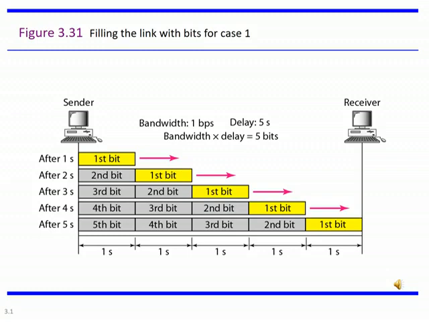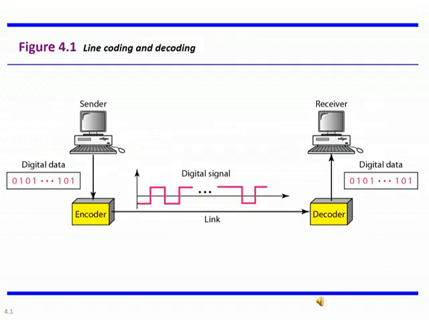Now, with line coding and decoding, in this case the sender is sending the digital data 011001. Those data are coded to a digital signal, so we have to use the encoder. After this encoder, you can see the 1001 signals in the electrical waveform. The digital data 0110 is converted to the electrical waveform. So from the digital data, the conversion to the digital signal is done by the encoder. After that, the digital signal has to be converted again to digital data, so there will be a decoder.